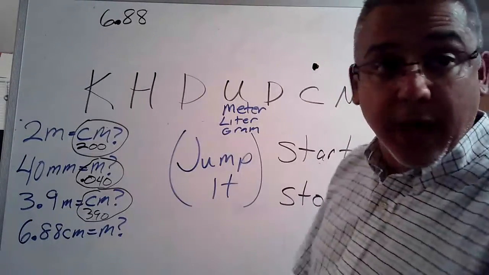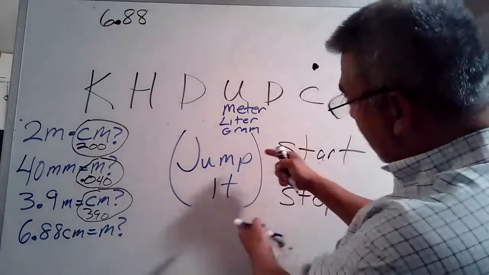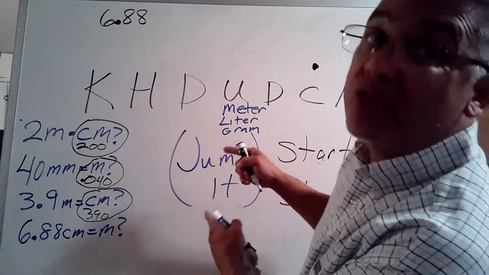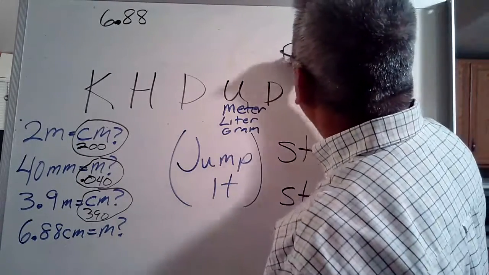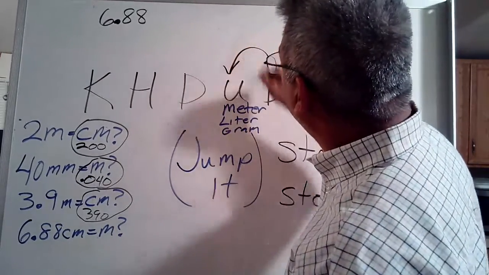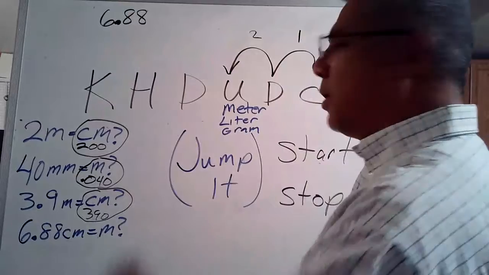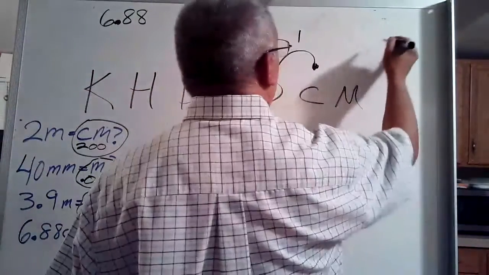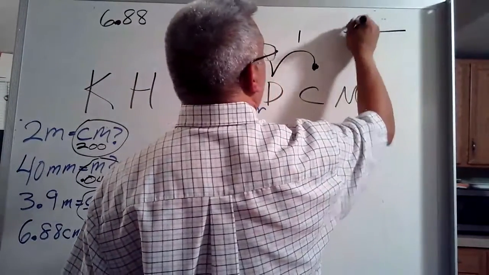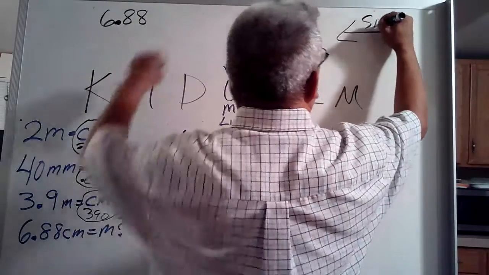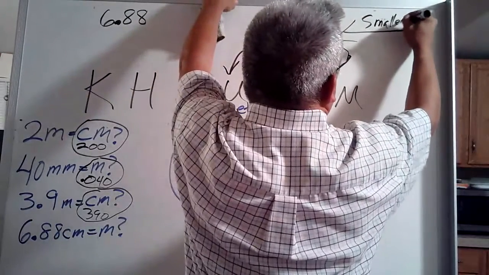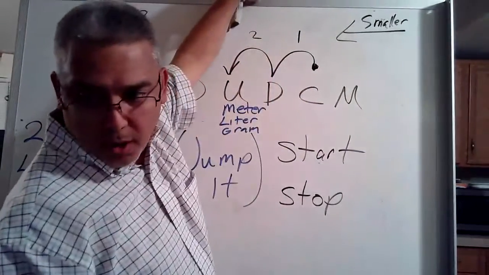So, what do we got to do? Yep, that's right. Jump it. 1, 2. 1, 2. Uh-oh, what do you notice? We're going that way. And when we go this way, my numbers get smaller. And why do my numbers get smaller?